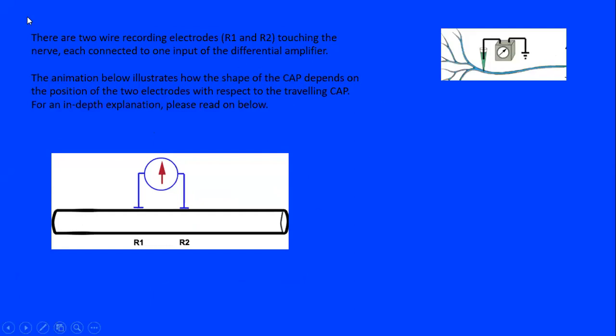Now, I want you to look at these two recording electrodes. If you remember, I told you when you have surface electrodes, both of them are placed on the surface of the nerve.